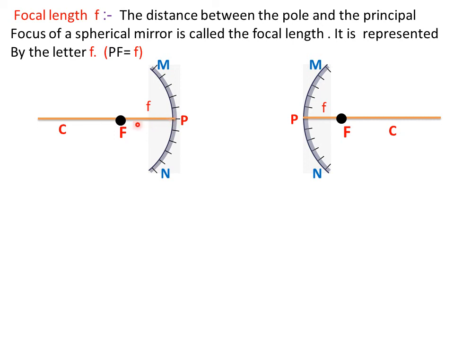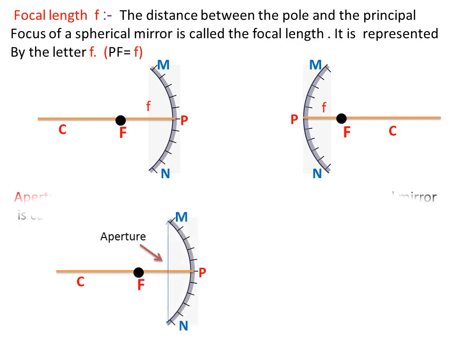It is represented by the letter small f. So here PF is our focal length, small f, whether the mirror is convex or concave, no matter. So this one is our focal length.